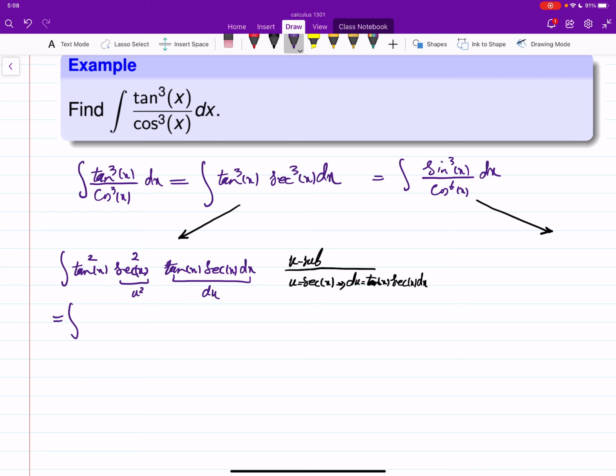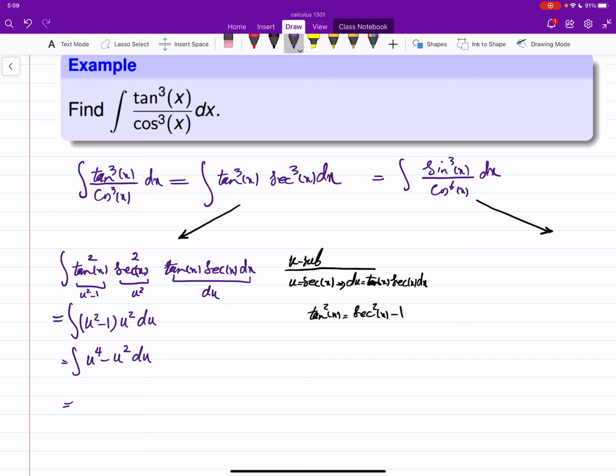And then remember that we always had this trick that tan squared x is secant squared x minus 1. So that way then this last one is u squared minus 1. So I have u squared minus 1 times u squared du, and that will give me just u to the power 4 minus u to the power 2 du.